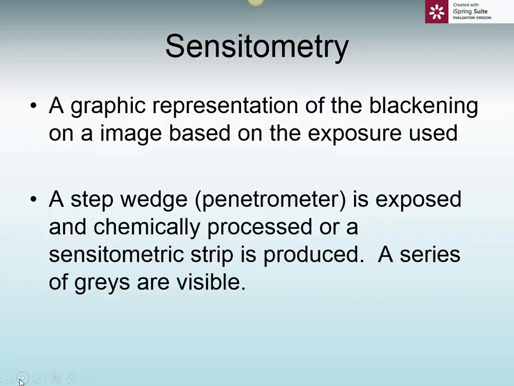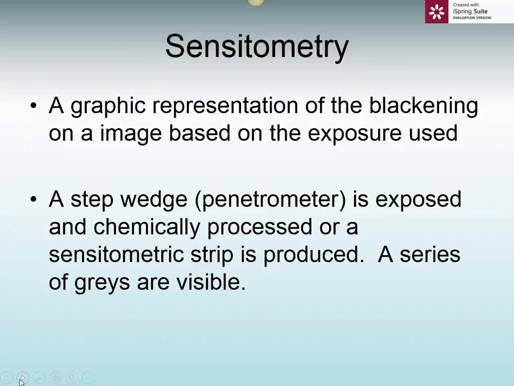Okay, so how do we figure all this stuff out and compare it? There is a mechanism, it's called sensitometry. And sensitometry is a representation of the different ranges of blackening that you could have on an image. And it's based, of course, on the exposure. Now, what would be the device for this?